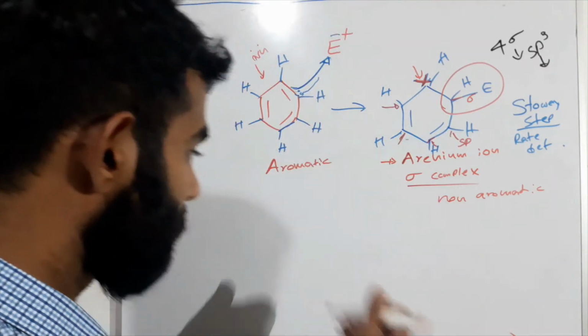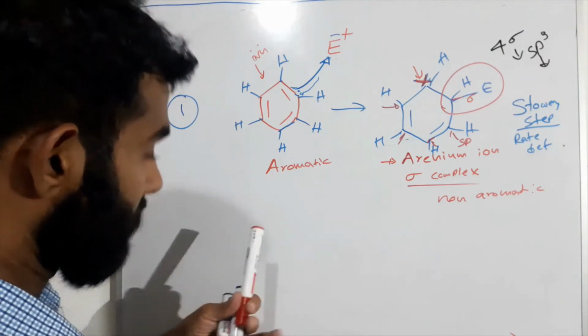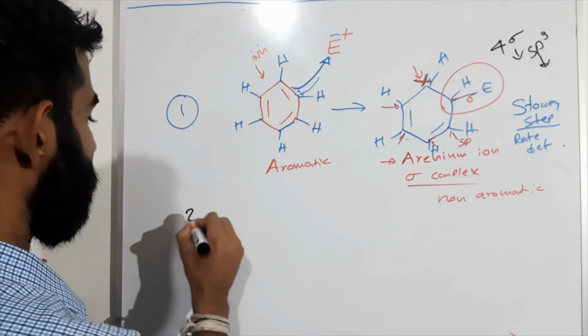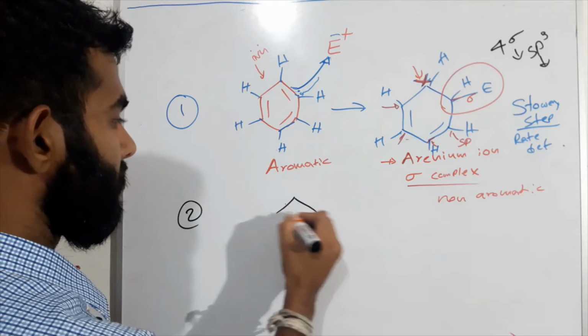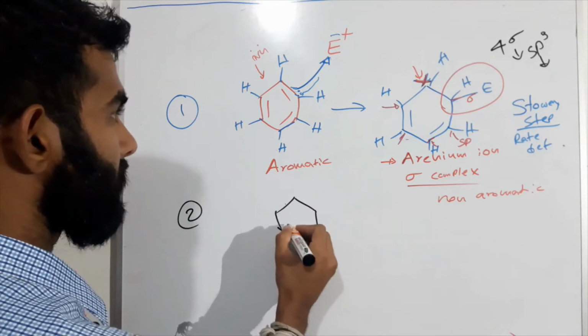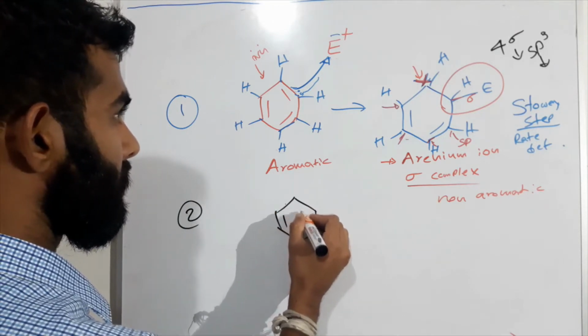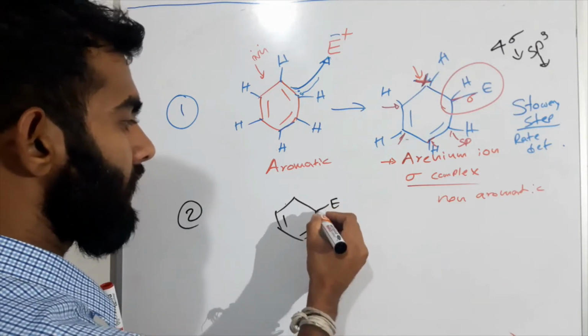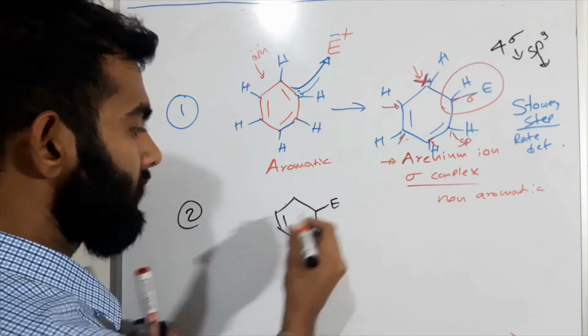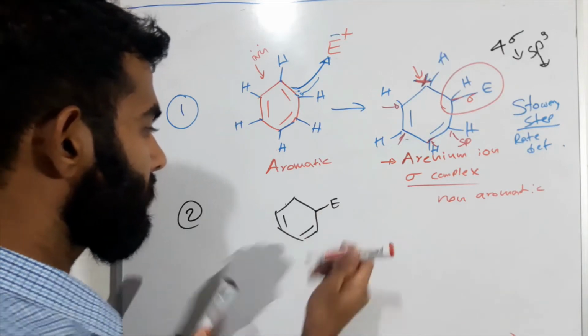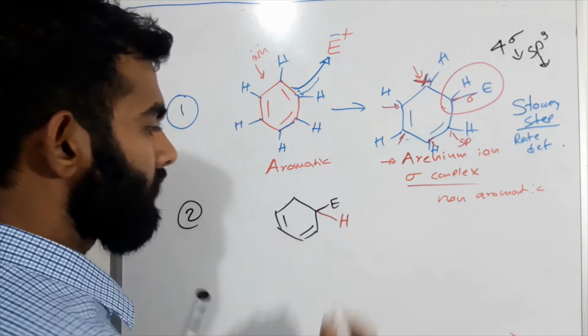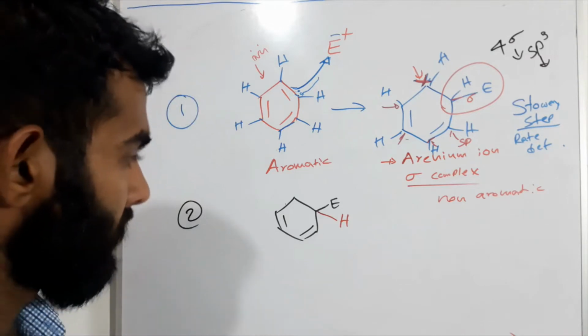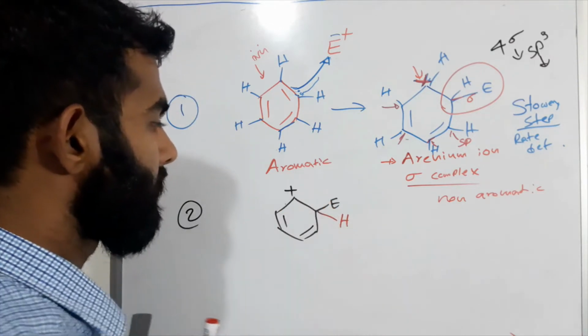So here in the second step, the electrophile-attached carbon contains a bond with hydrogen. The positive charge will be here.